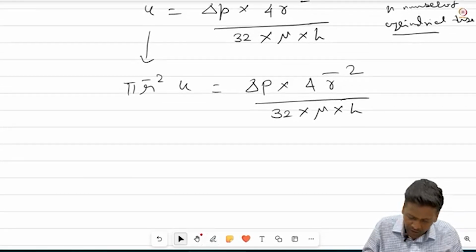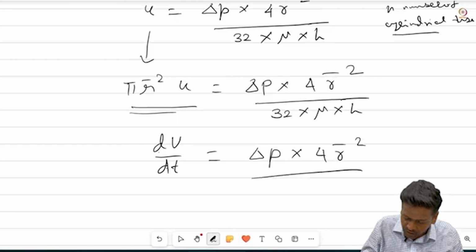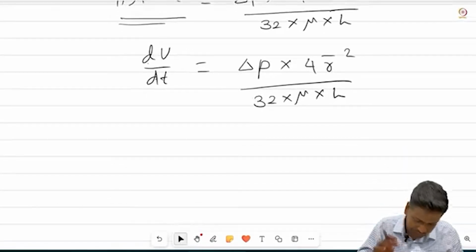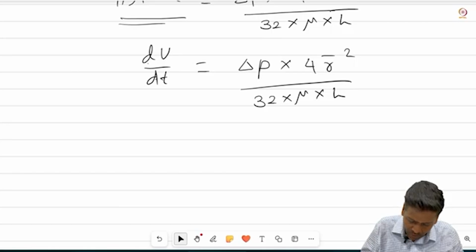Since this is volumetric flow rate, I can use this as dV by dt, change in volume with respect to change in time, and then I can use this as delta P 4 R gamma square divided by 32 into mu into h. So in this way, you can see that I can connect these two equations.